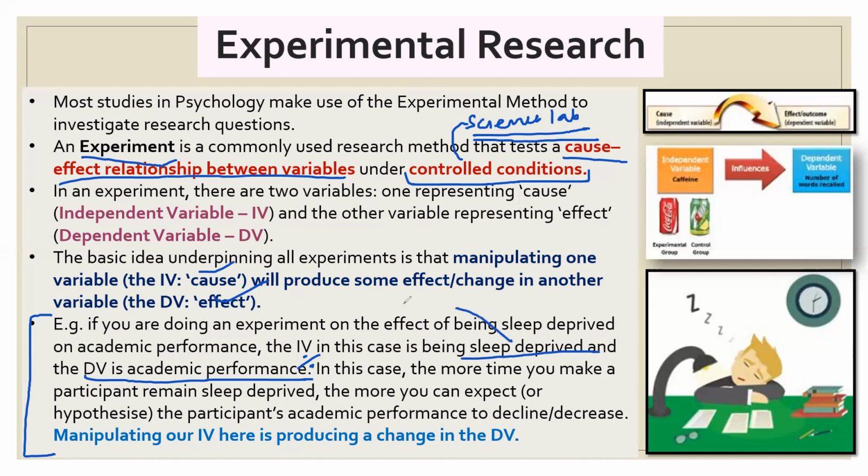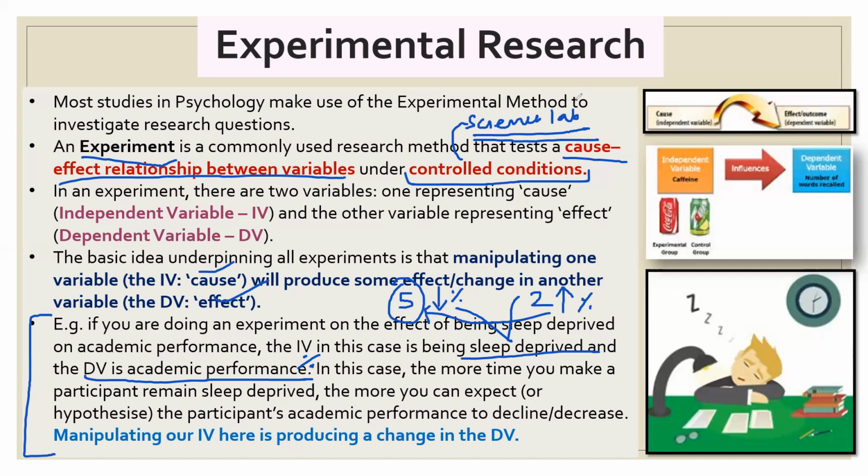Have you slept 5 hours less than normal? Or 2 hours less than normal? Obviously, the more sleep deprived you are, the more we would expect your percentage score to go down in our hypothesis. And the less sleep deprived you are, we would expect your test score would probably be a little higher than the people who are more sleep deprived. That's the basic idea.